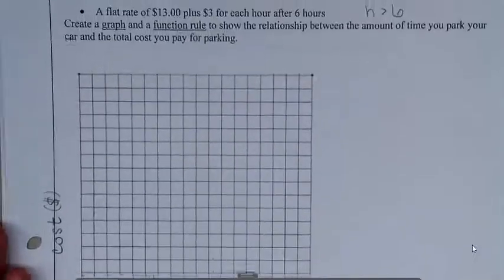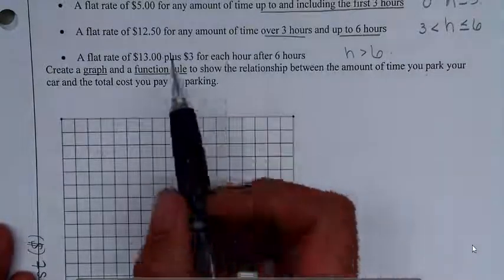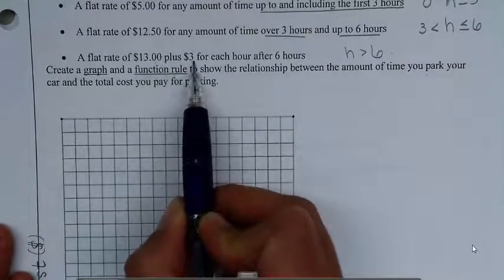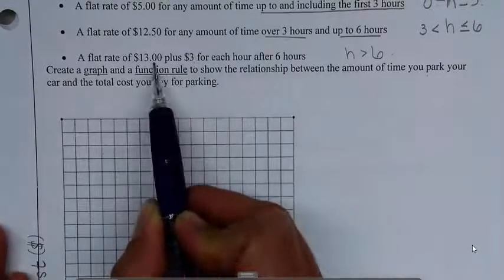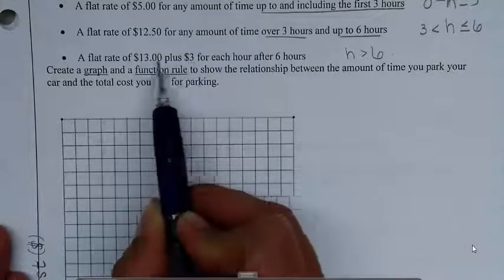So let's see, if I'm talking about a flat rate of $13 plus $3 for each hour after 6, right? So that tells me that I've got $13 plus 3, so maybe I'm somewhere like 16.